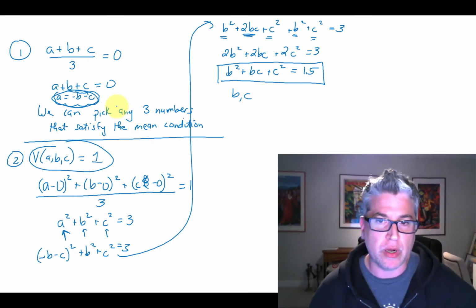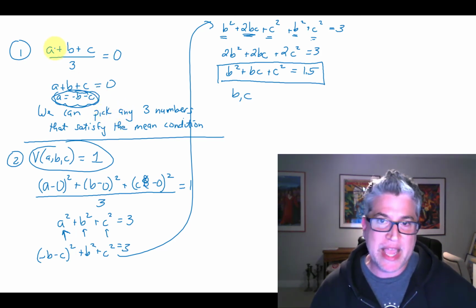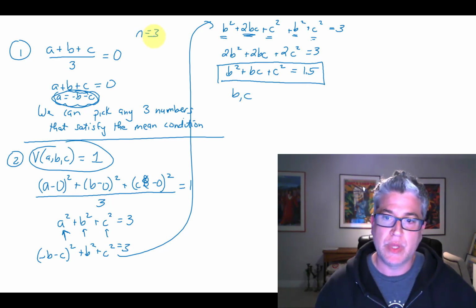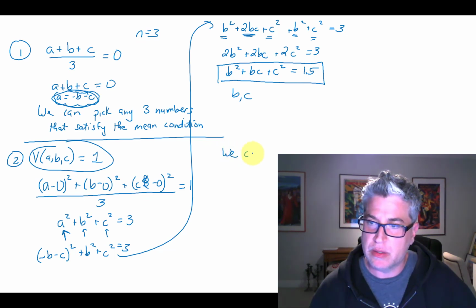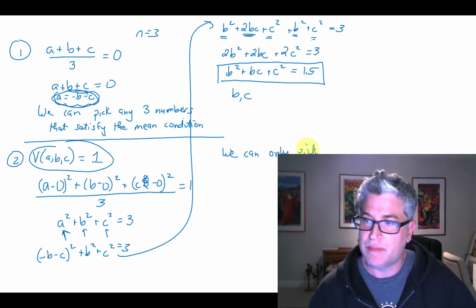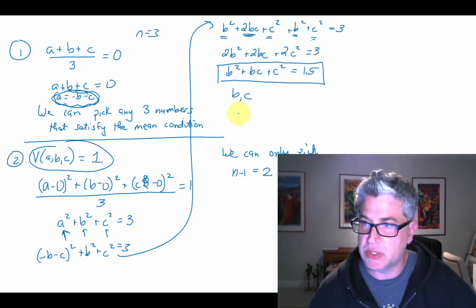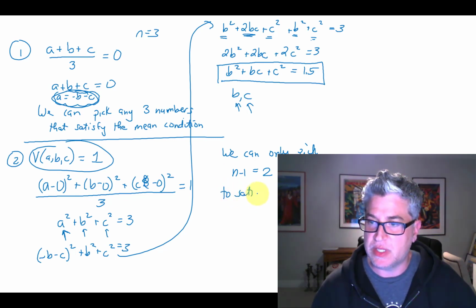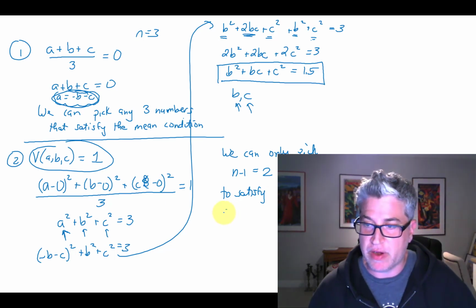So whereas before, when we just had a mean equation, we could pick any of our 3 numbers, and n was 3 here. Once we added that second condition, we could only pick n minus 1, right? We could only pick 2 numbers, B and C, that was to satisfy the mean and variance conditions.